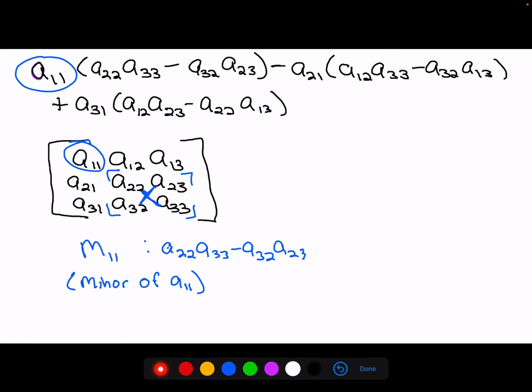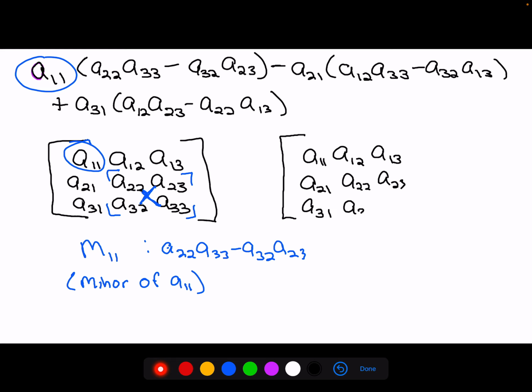Okay, what about that other situation with the A21? Let me rewrite the matrix real quick. So looking at A21, the A12 and the A33. So you're taking this one and this one, multiplying them together, and the A32 and the A13.